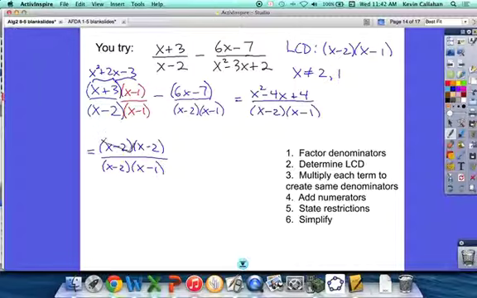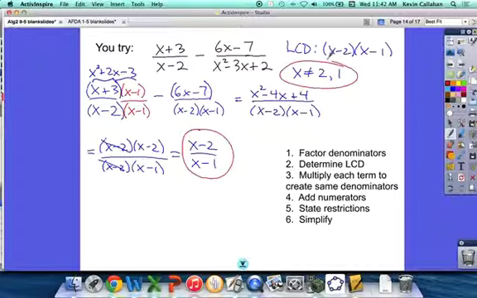Now we have common factors that we can cancel. So the answer is x minus 2 over x minus 1, along with the restrictions on x.